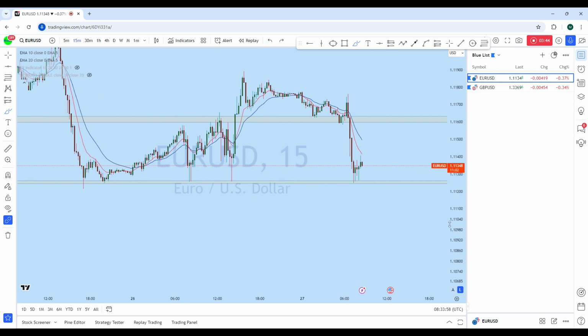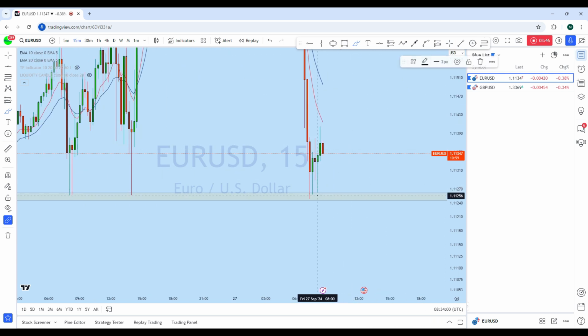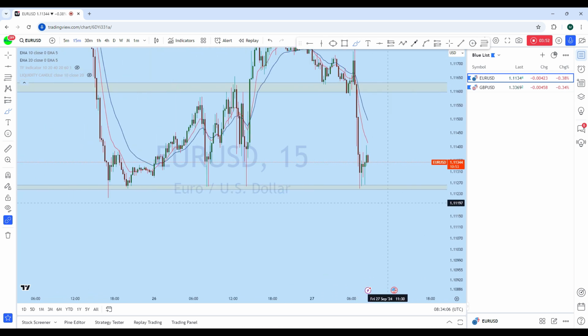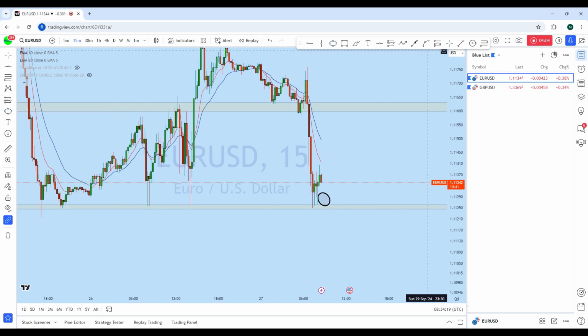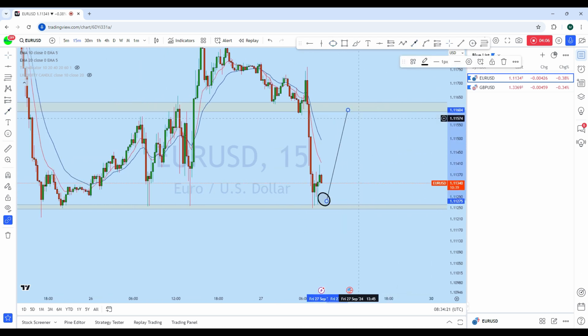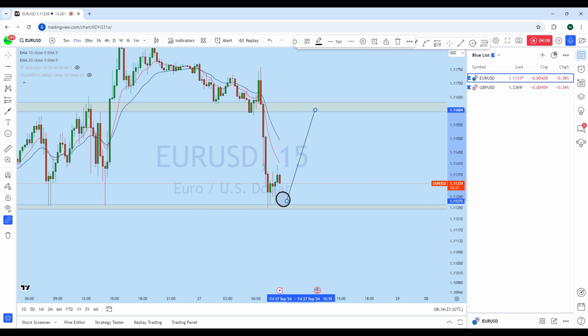And in this support area we can see that there is a long wick doji followed by another bullish candle, expecting euro dollar to remain bullish to the upside for the short term, at least to this neckline of this support, which is turning resistance here. This is where I will be waiting for a potential entry opportunity on euro dollar for this potential move to the upside. As soon as you find it, we will be looking for going long.